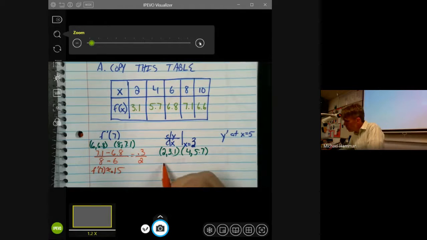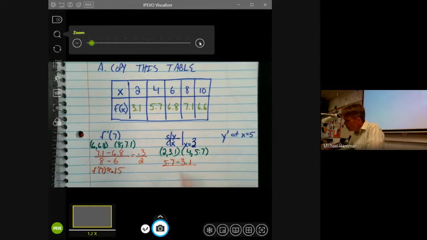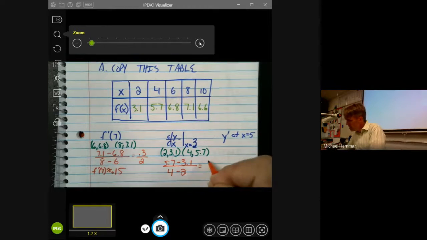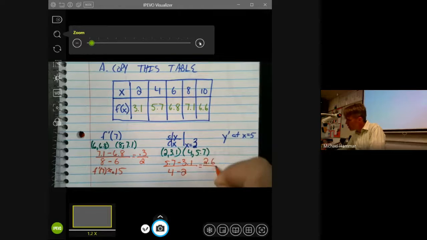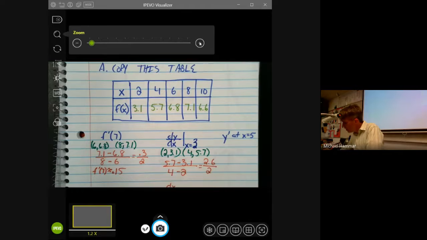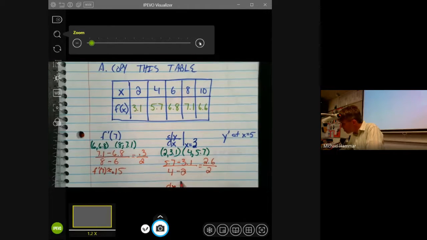So let's do 5.7 minus 3.1 all over 4 minus 2. So 5.7 minus 3.1 is 2.6 over 2. And when we divide that, we end up with the derivative of x at x equals 3 is 1.3.